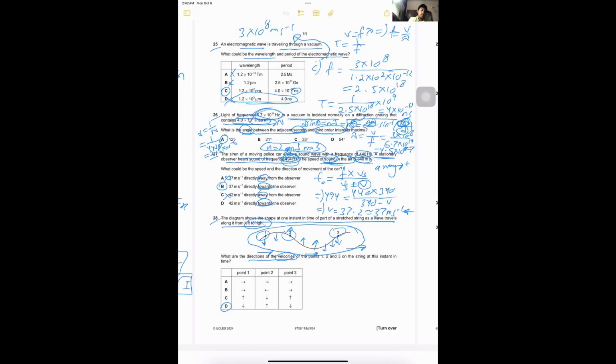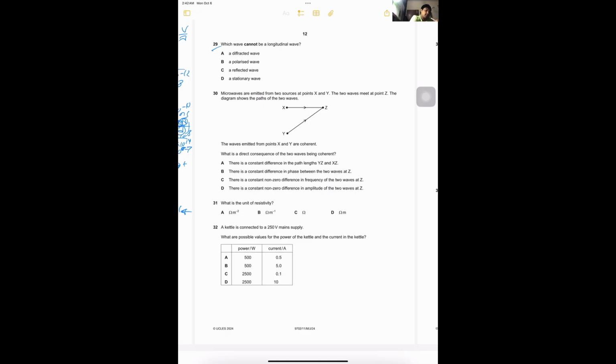Question 29. Which wave cannot be longitudinal? Okay, so the answer is B. Polarized wave. Only transverse waves can be polarized.